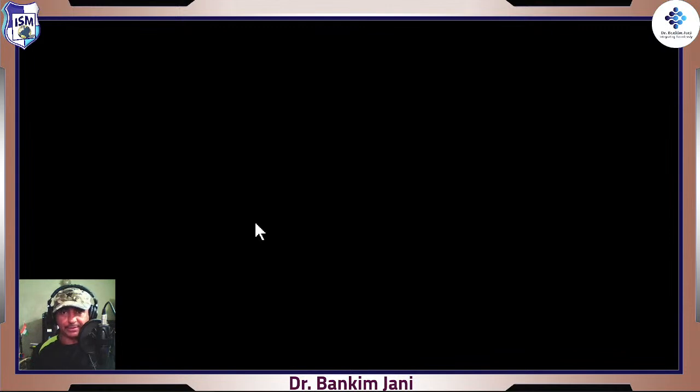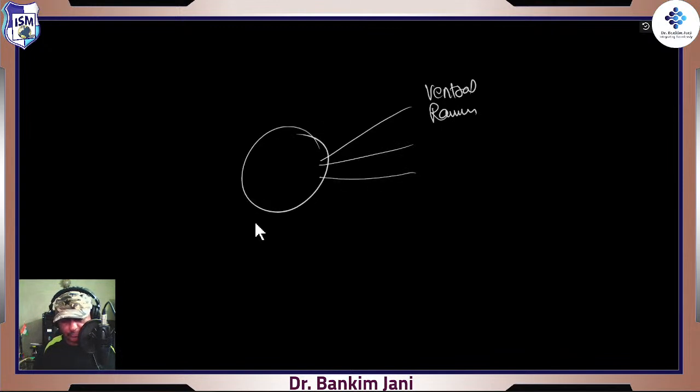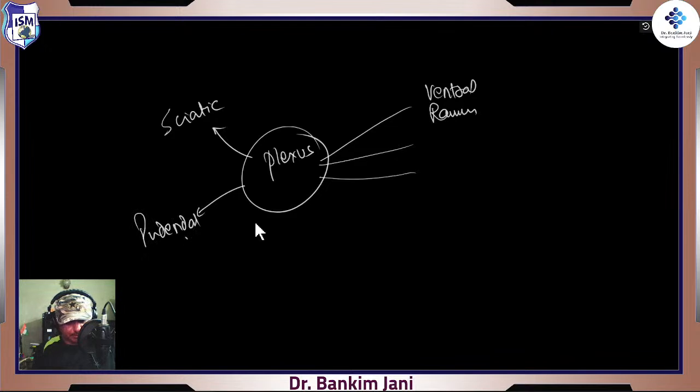So once the plexus is formed by those ventral ramus, they go and form this plexus. From this plexus, there was sciatic, there was pudendal nerves, right?